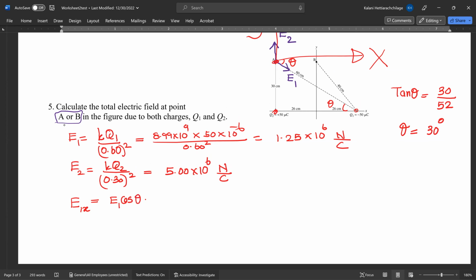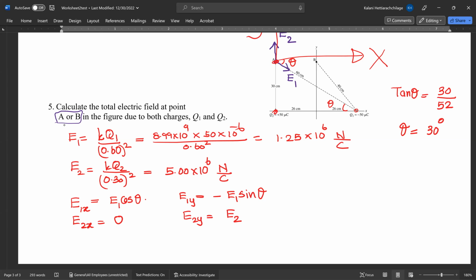And then the E1y component, since it is in the fourth quadrant, will be negative. That will be E1 times sine of theta. So we have E1 and sine theta, then we will be able to calculate this value, right? I'm going to do E2. Do I have E2x? E2 is pointing in the y direction. Because of that, there is no x component, only a y component. That is directly E2, right?